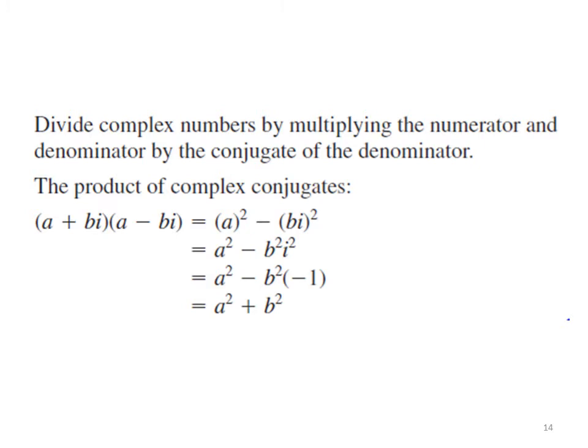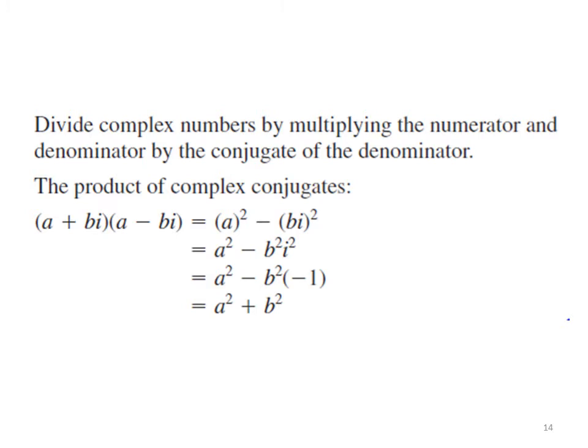This type of product, one of the formulas we considered in chapter 1, will give you the square of the first number, a, minus the square of the second number, which is bi. You get a squared minus the square of bi.